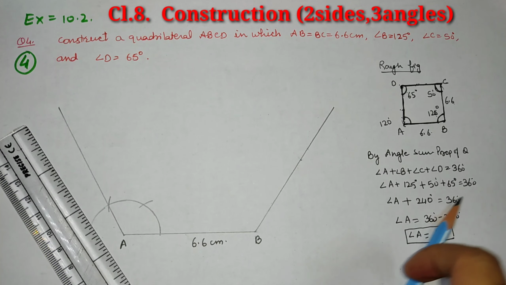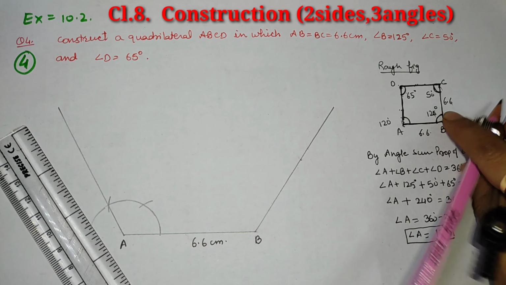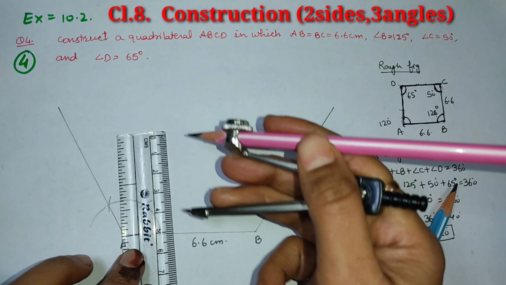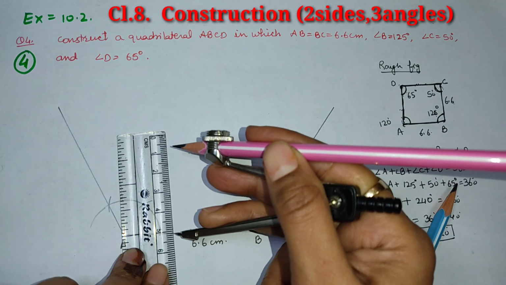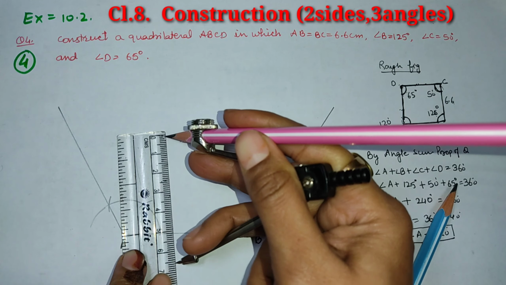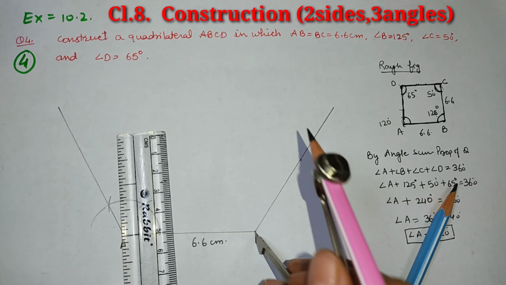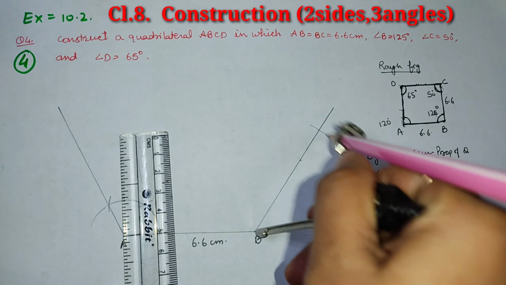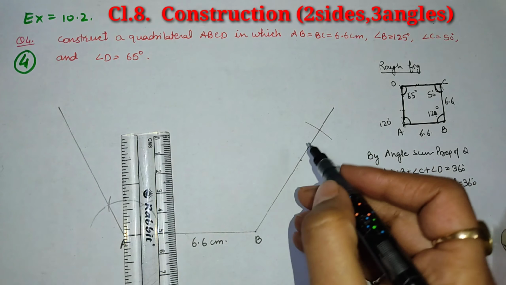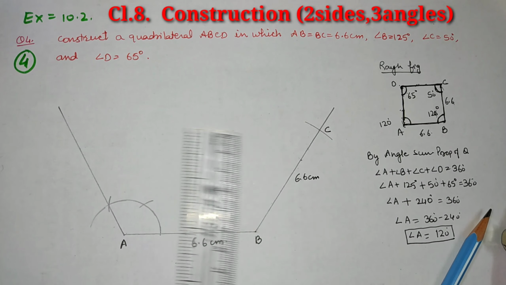Afterward, they have given that B to C is 6.6. Place your compass tip on point B, cut the line by an arc and name it C, and it is 6.6 centimeters.